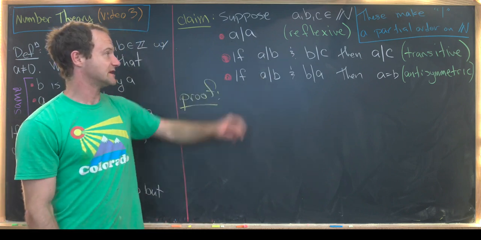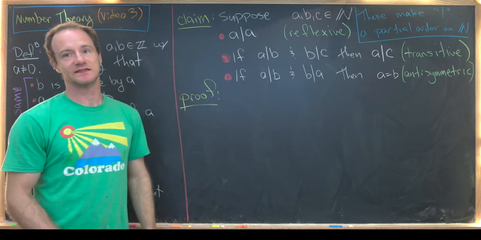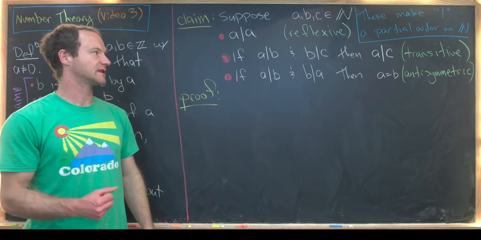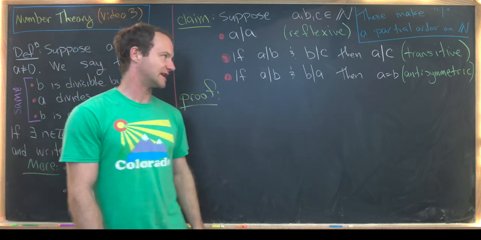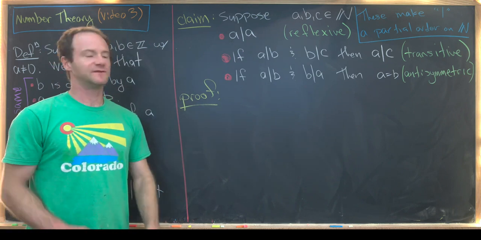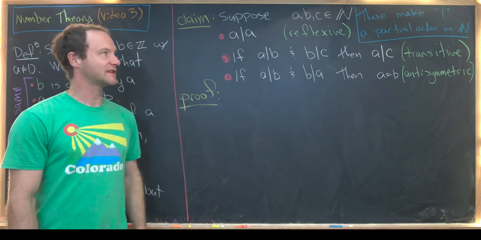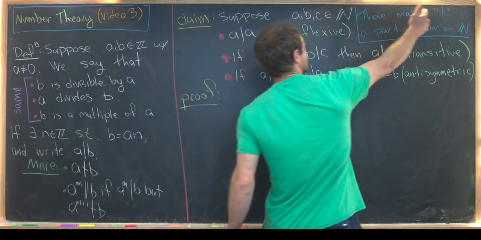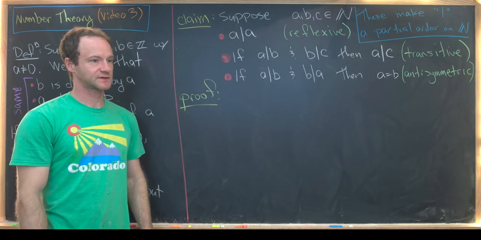Next, we see that if a divides b and b divides c, then a divides c. That makes divisibility transitive. And finally, if a divides b and b divides a, then a is equal to b. And that makes divisibility anti-symmetric. And putting these three things together, that makes divisibility a partial order on the natural numbers.